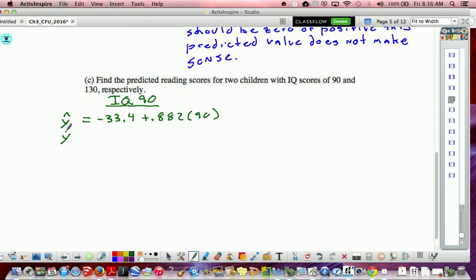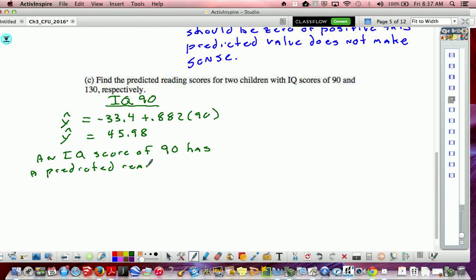If you enter that into your calculator, you get a reading score of 45.98. So I'm just going to note an IQ score of 90 has a predicted reading score of 45.98 points. I suppose if you rounded that to 46, it'd probably be okay.